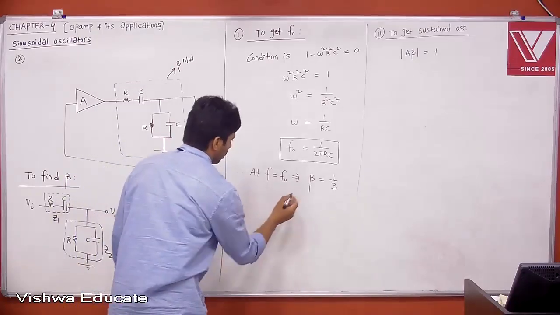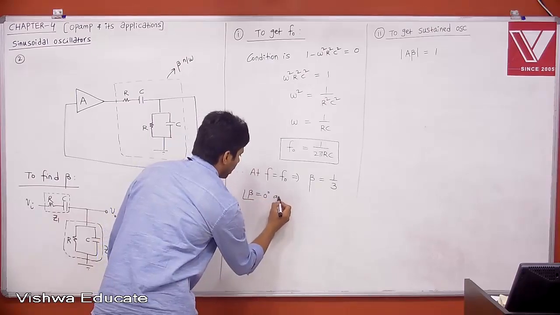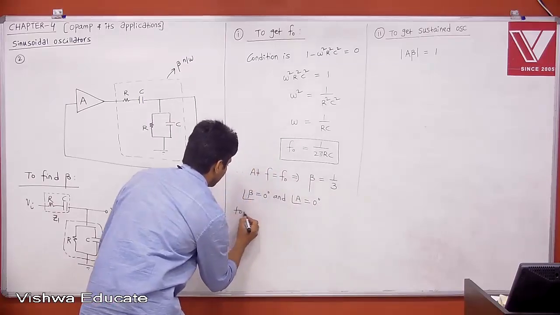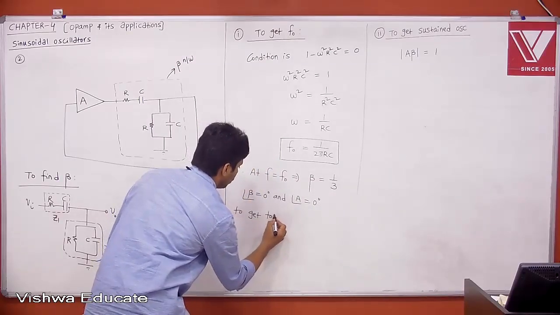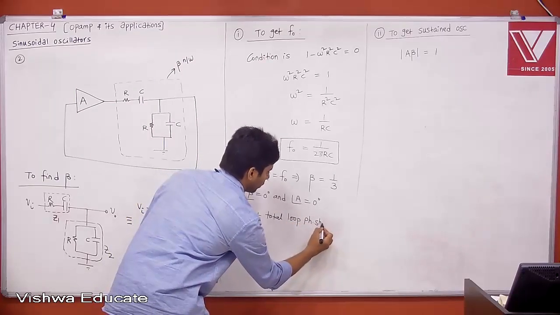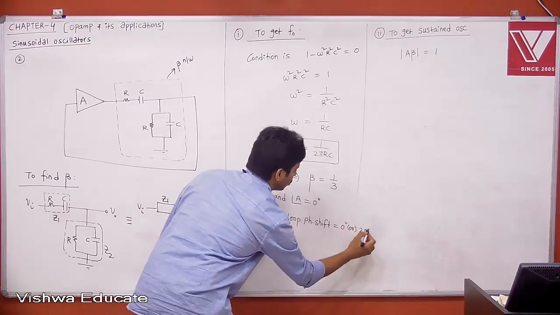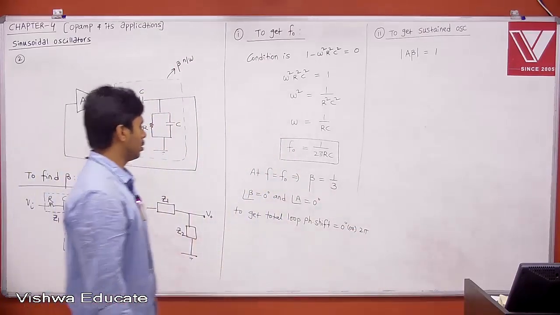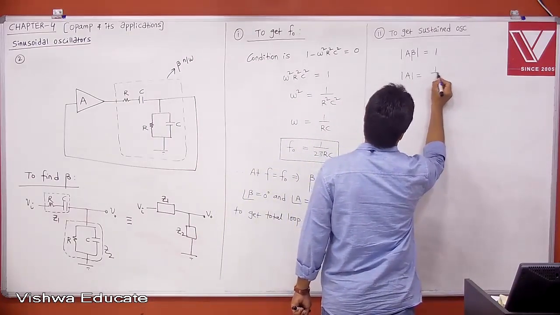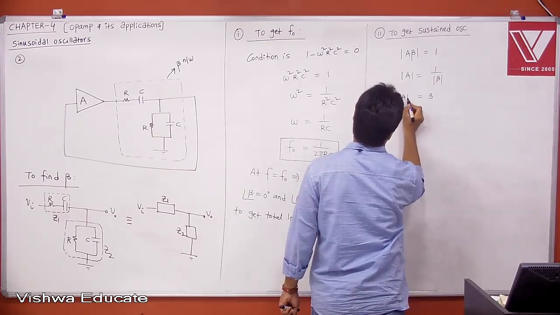Because remember, your angle of beta is equal to 0 degrees and your angle of A should also be 0 degrees to get total loop phase shift equal to 0 degrees or multiple of 2 pi into n, anything is fine. Now, what is mod A? Therefore, mod A is equal to 1 by mod beta. Therefore, mod A should be 3.